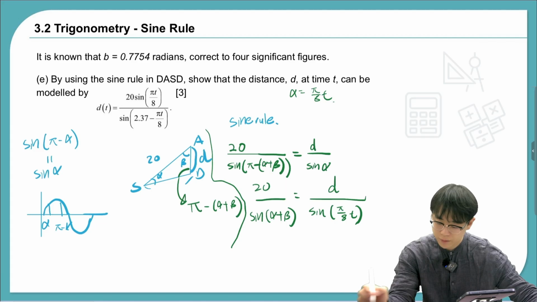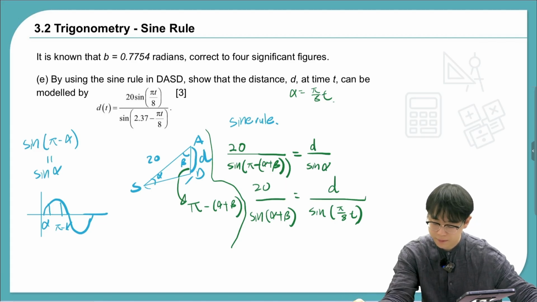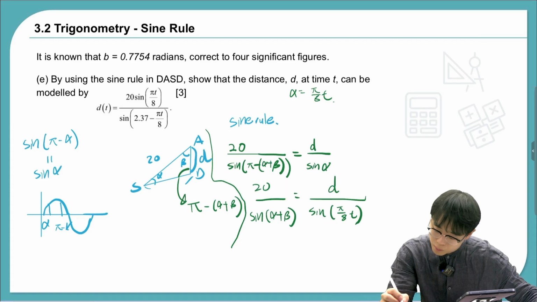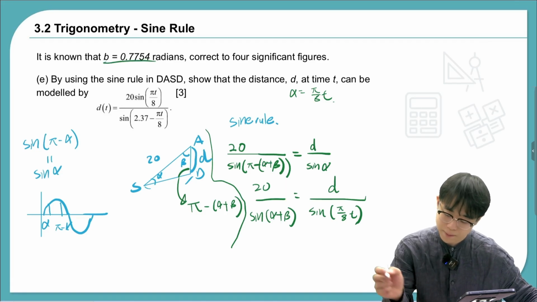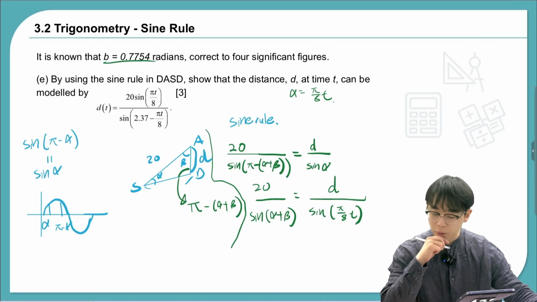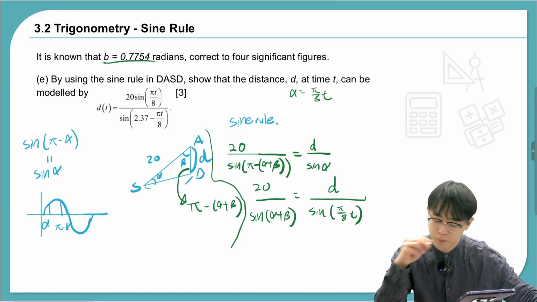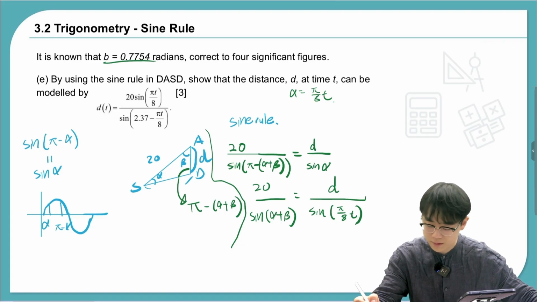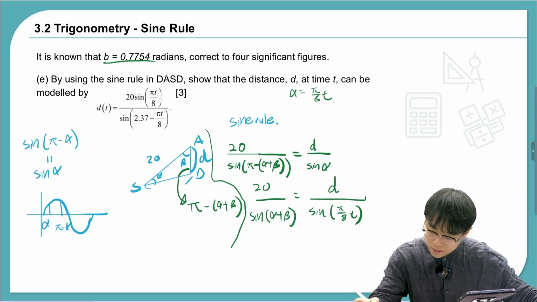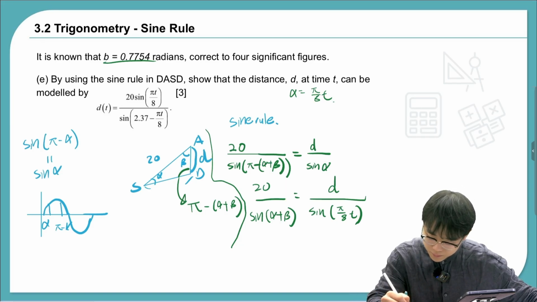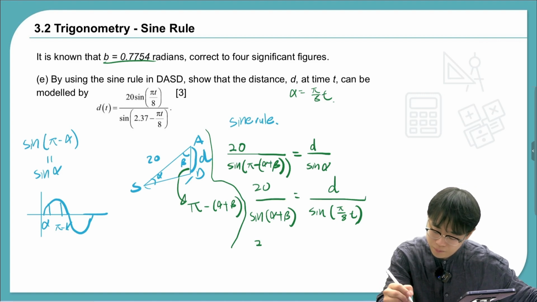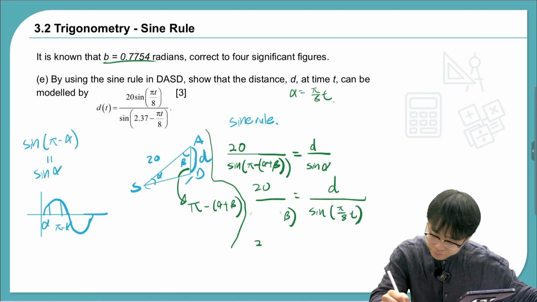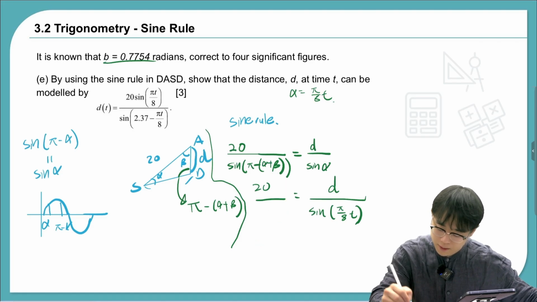And how would we find alpha plus beta? Let's now find what beta is. It's known that beta is 0.7754, so we can just plug in the value of beta.